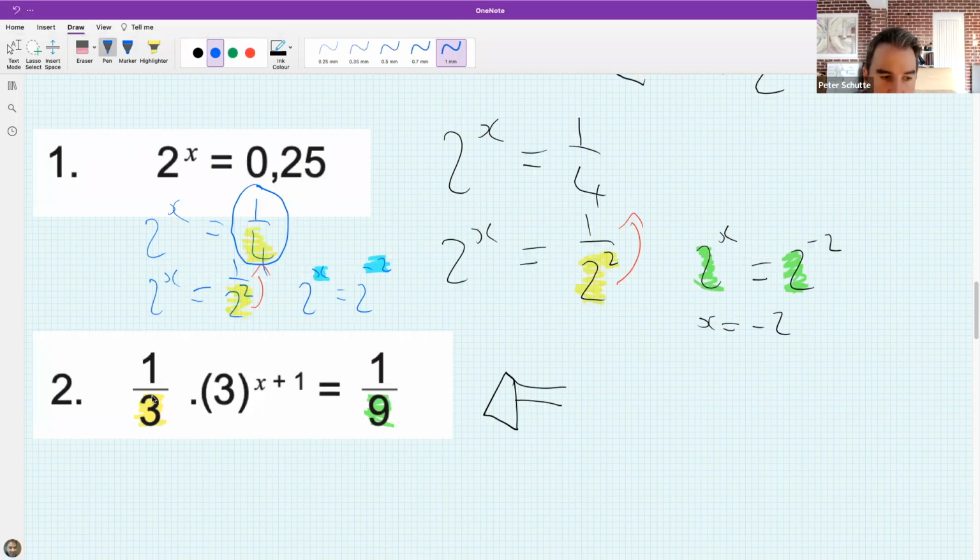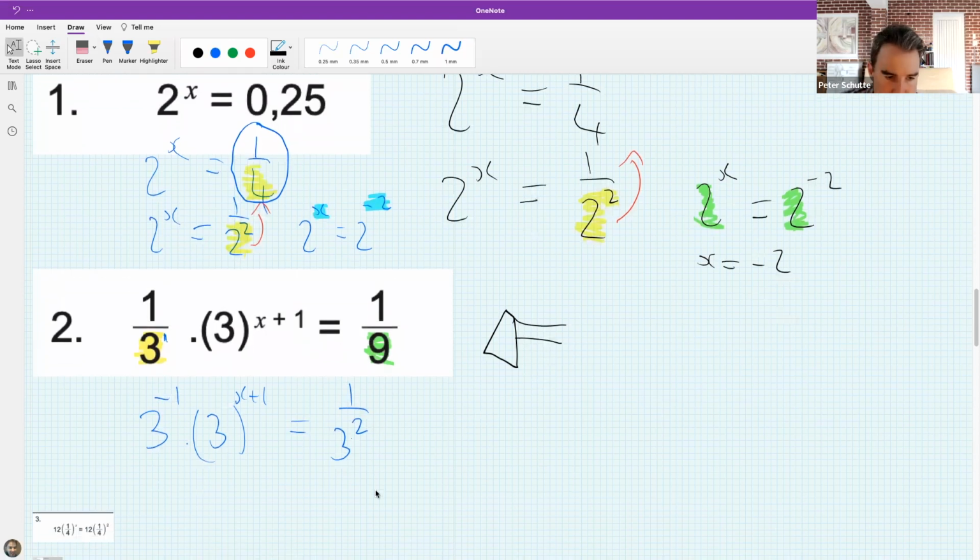Okay. All right, watch this part here. Can you see the 1/3 here? If I bring the 1/3, it's now 3 to the 1 at the moment, but if I bring it above the line, it becomes 3 to the minus 1. Now there is already a 3 to the x plus 1. And over here, I'm going to write this as 1/3 squared.